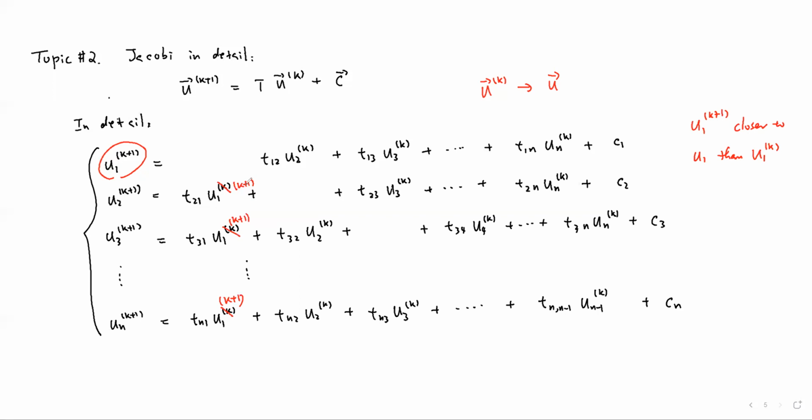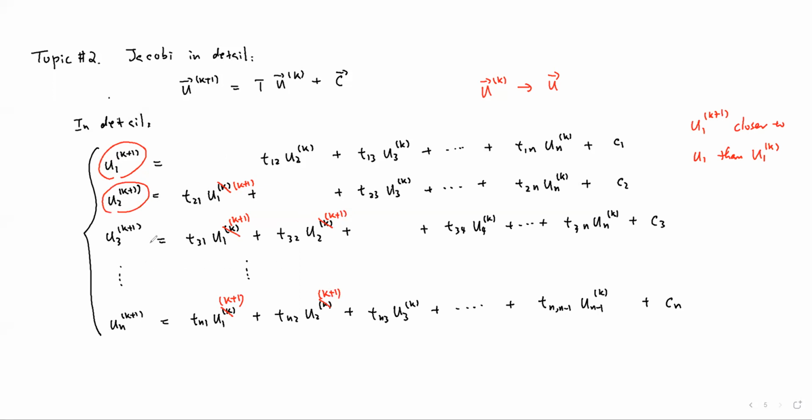Now I have a new second equation. From the second equation, I compute U2, K plus 1. After this is available, I use it immediately in the following computation. Yeah, here. K plus 1, K plus 1, K plus 1.